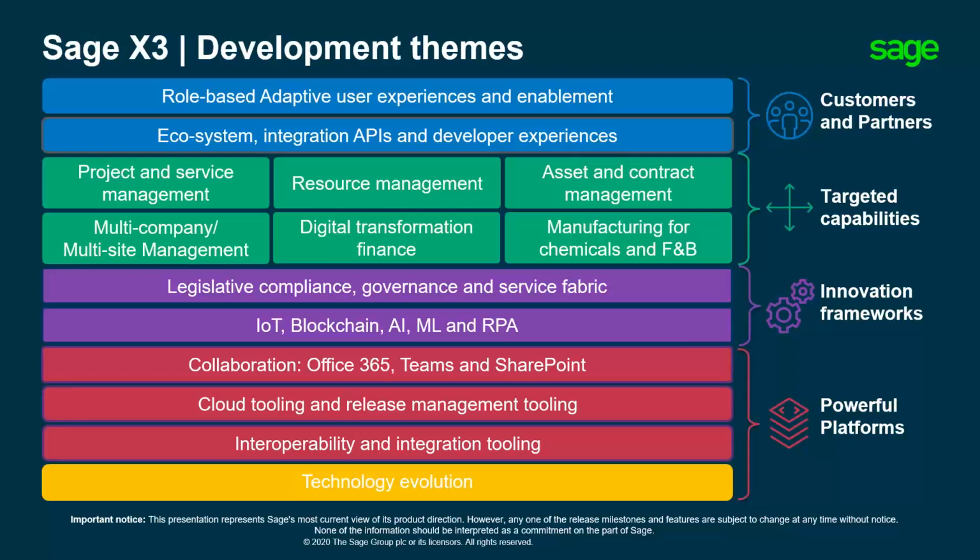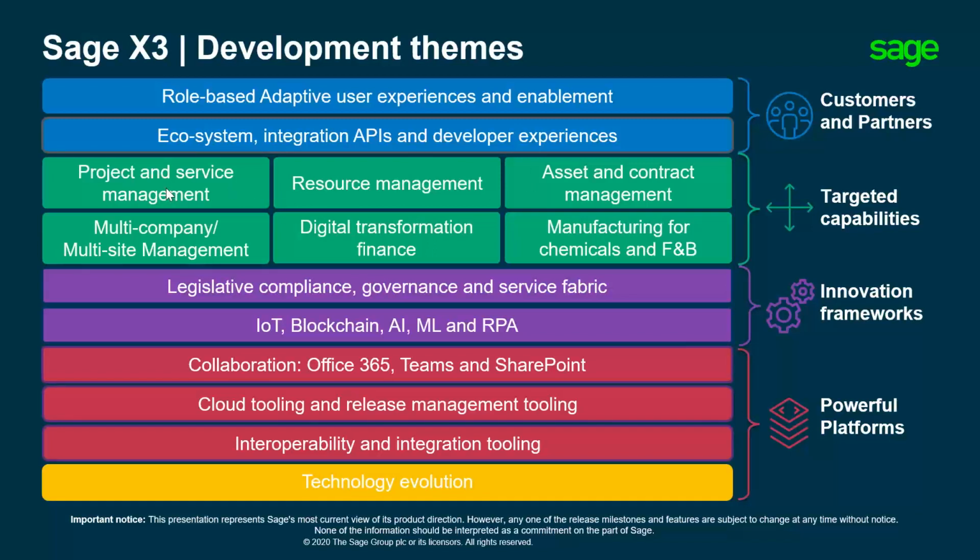So in terms of the product capabilities, the Sage X3 development teams have been organized in 4 key layers. The first key layer is about customer and partners' experiences. The second one is about targeted horizontal and vertical capabilities.